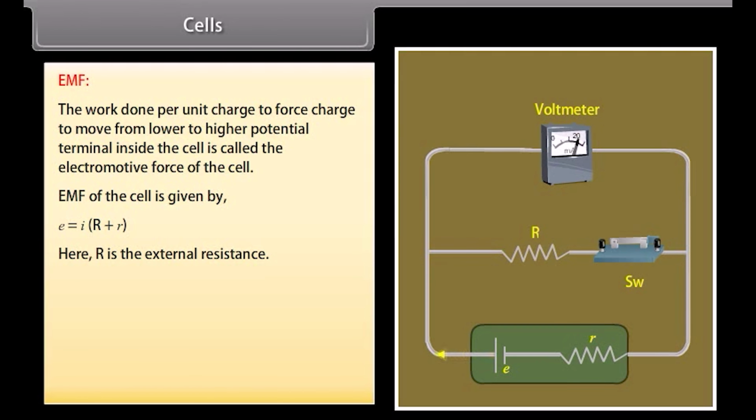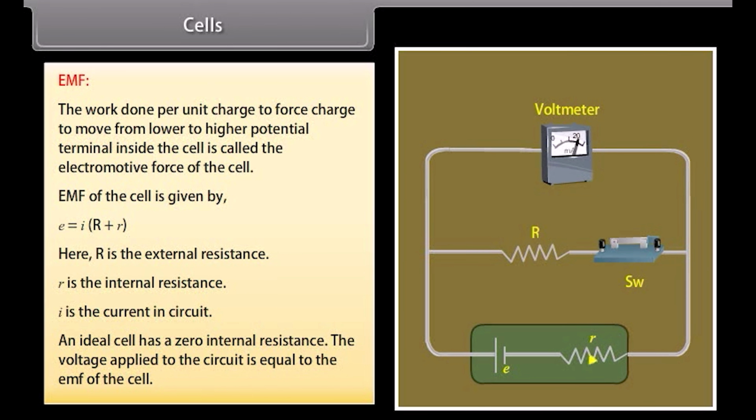Here capital R is the external resistance, small r is the internal resistance, small I is the current in the circuit. An ideal cell has zero internal resistance. The voltage applied to the circuit is equal to the EMF of the cell.